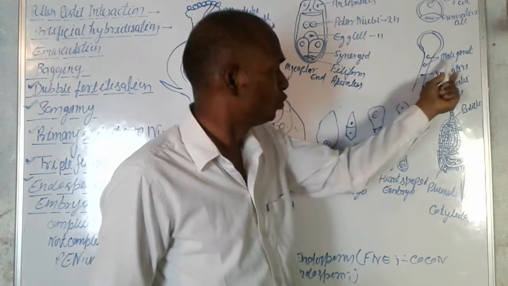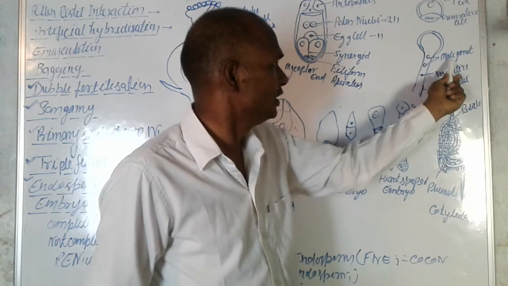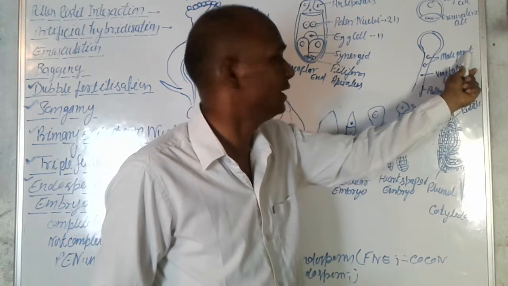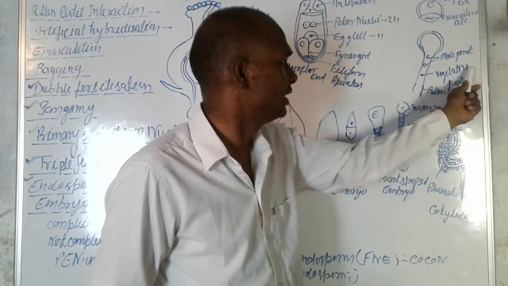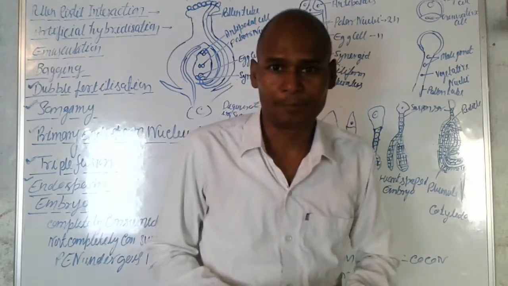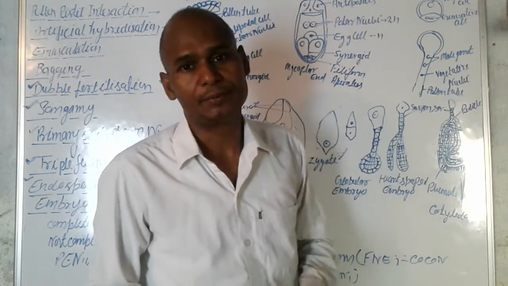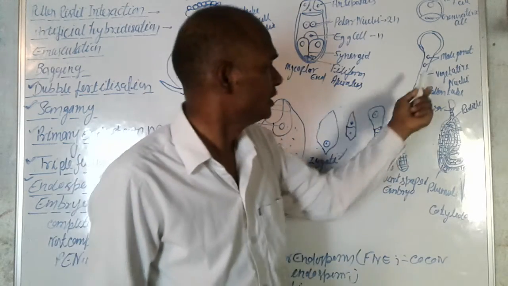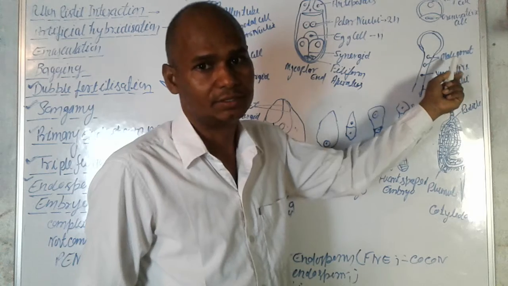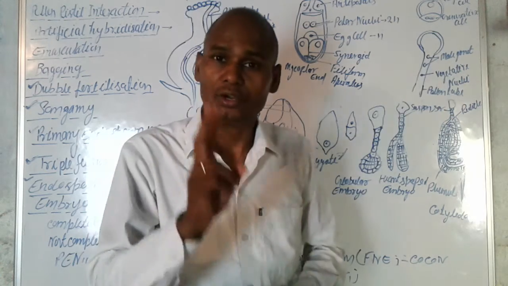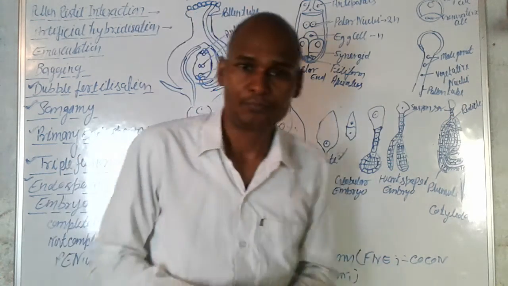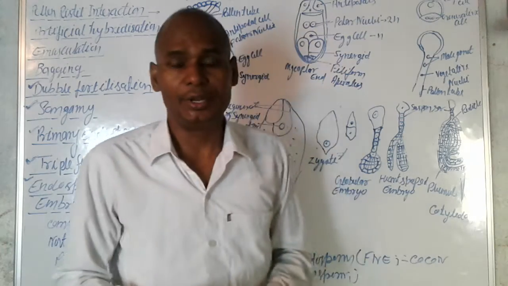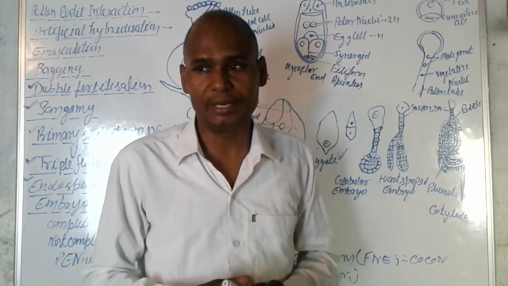So you can see the 2 male gametes and a vegetative nucleus. They are involved in the fertilization process because these are the male gametes. Each pollen tube makes 2 male gametes, and we also need female gametes.